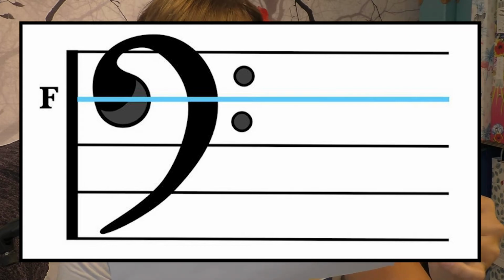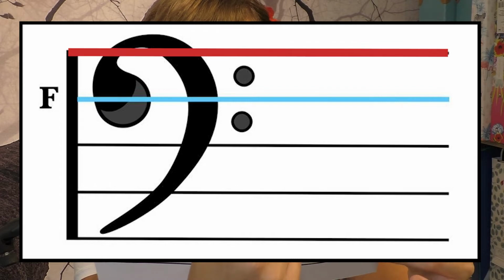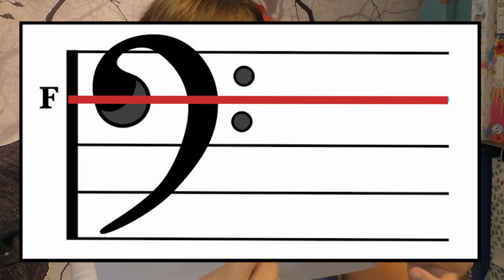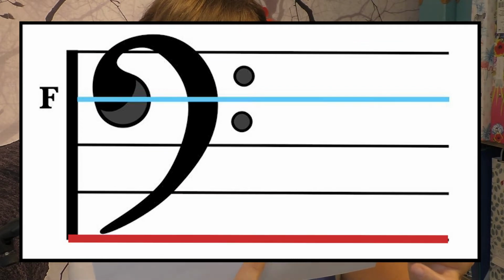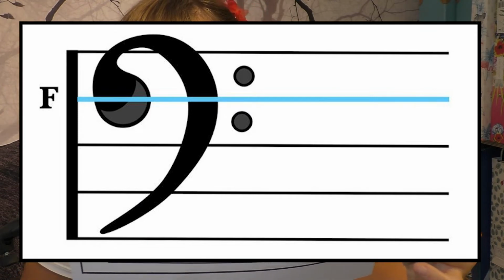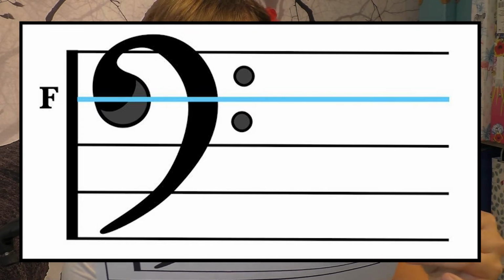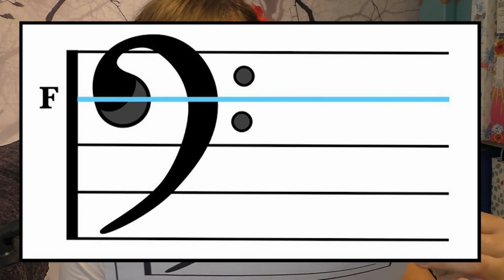I don't know how to explain it. We have 5 lines here: one at the top, and the second, and the third, and the fourth, and the fifth at the bottom. The lines are there so we can make sure that we know which note we are playing. They are helping us.